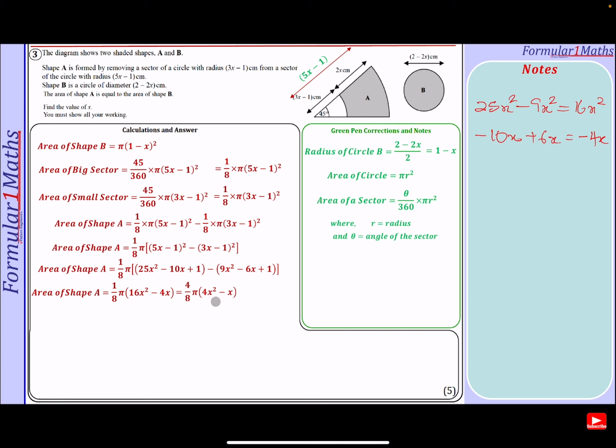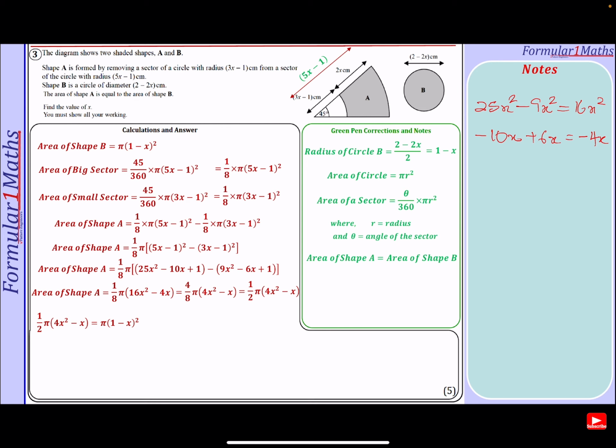And this will further simplify to give you a half pi brackets 4x squared minus x. So that's the simplified form of shape A. We can now go and equate this simplified form, which is the area of shape A, to the area of shape B, which we know to be this here. So let's go and do that.